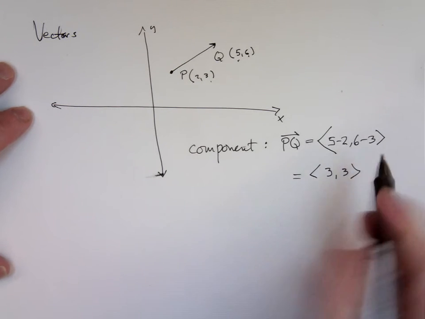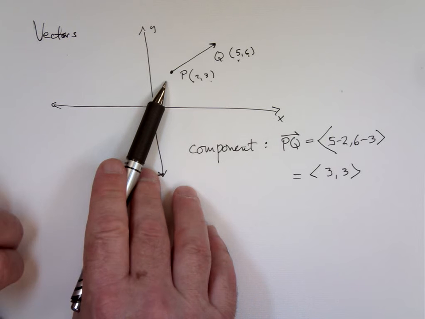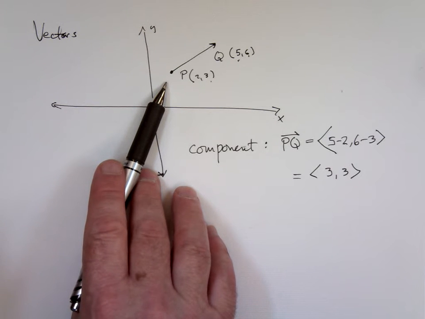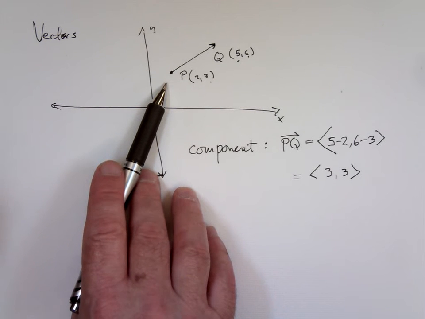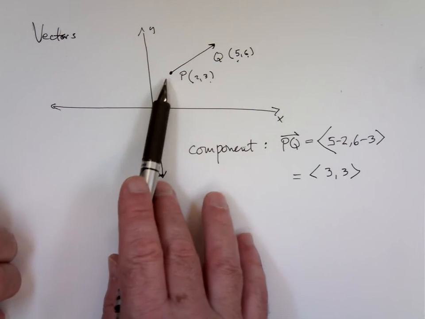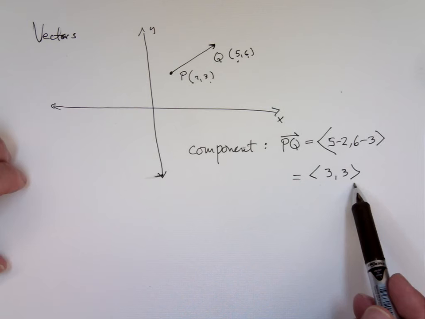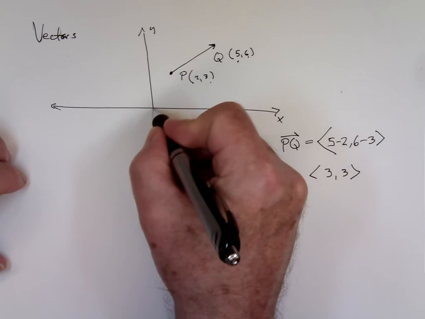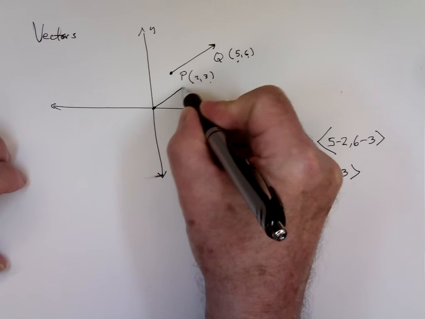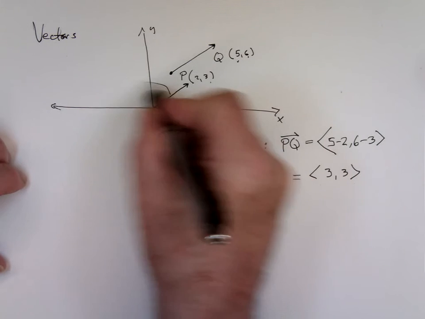This vector, PQ, is equivalent to any vector in the plane with the same length and direction. When you put it as 3, 3 in this component form, this is called standard position.